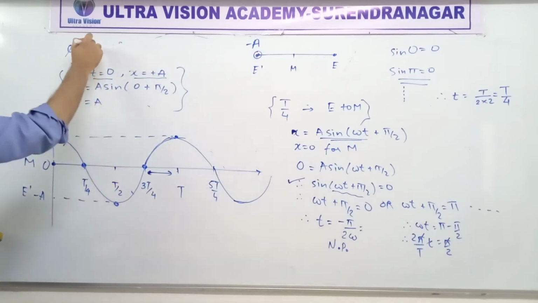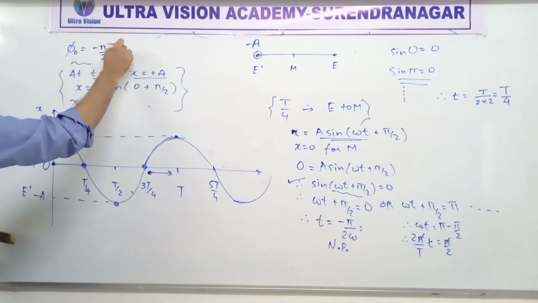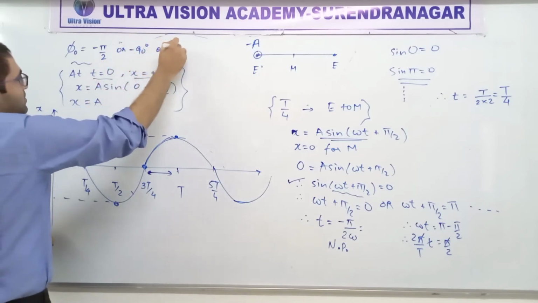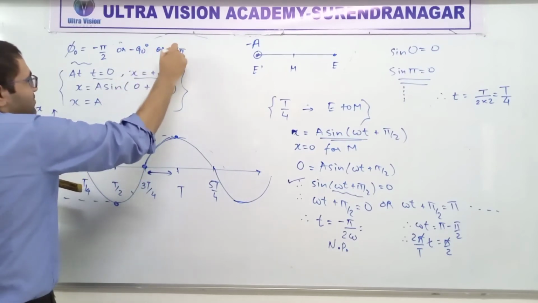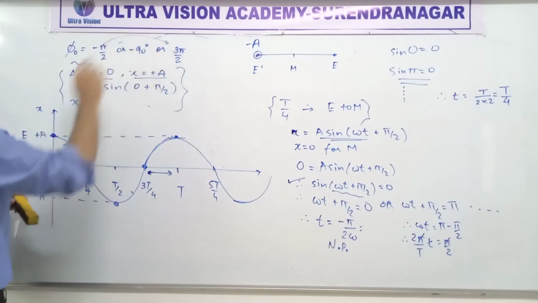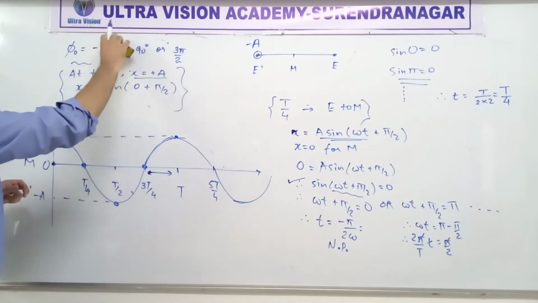That is the case when phi equal to minus pi by 2 or minus 90 degrees, or you could also say it as 3 pi by 2, right? You can also call it 3 pi by 2. I know this and this are not the same in maths, but in physics here it doesn't make a difference.